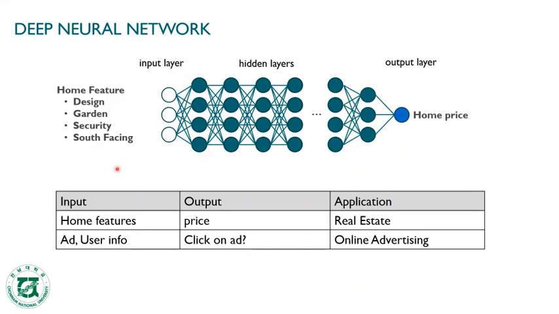One example: if someone wants to predict the home price, there could be many inputs like design, garden, security, and everything, and receiving all these inputs, it can predict the home price.